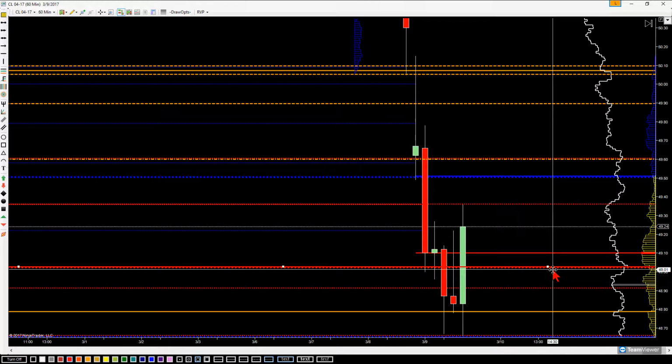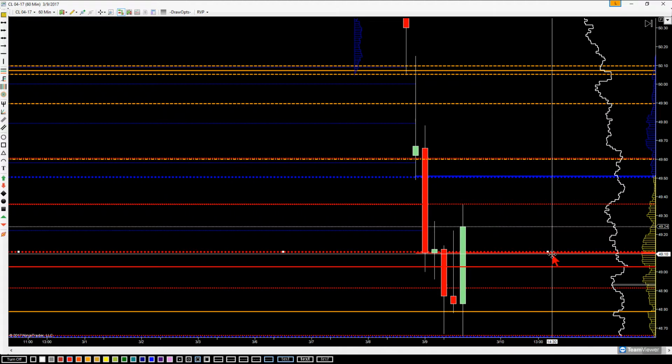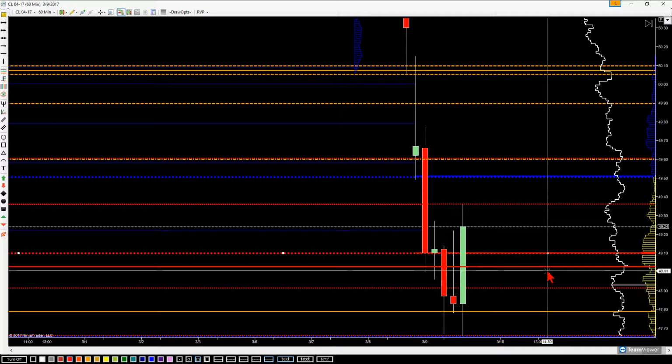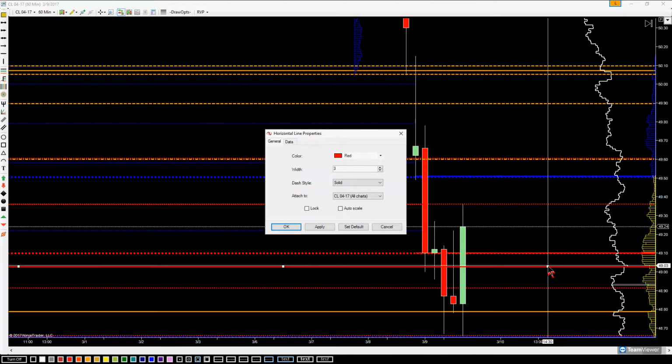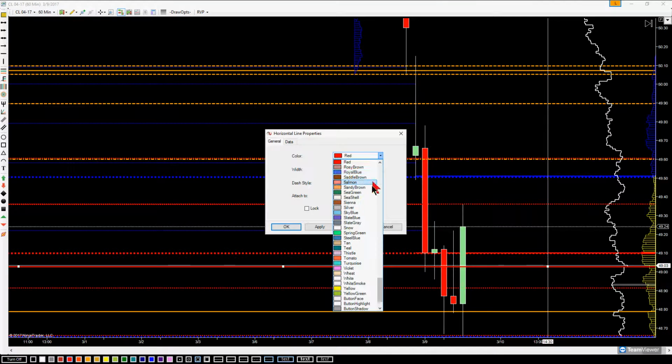Oh, okay. So what I did here, we have that low volume node. Okay, that's not going to work. Low volume node on the composite.